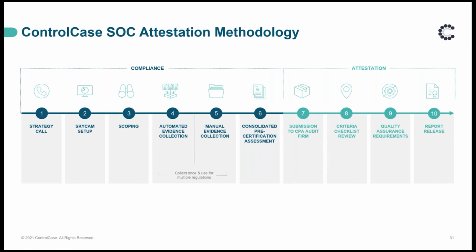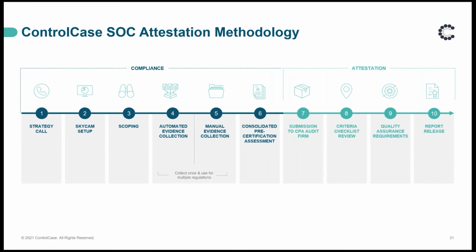The second part of an attestation is where an independent CPA reviews the evidence. Again, I will reiterate, an independent CPA has to be the one who signs off on SOC 2 attestations. So the second part of the methodology includes ensuring that the CPA looks through all the evidence, asks the right questions, and that the reports are documented appropriately and then released.